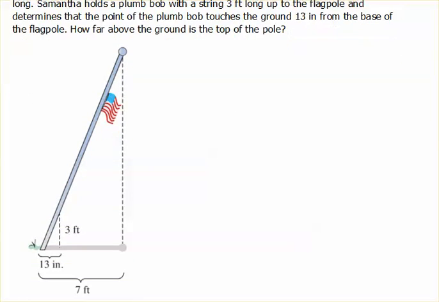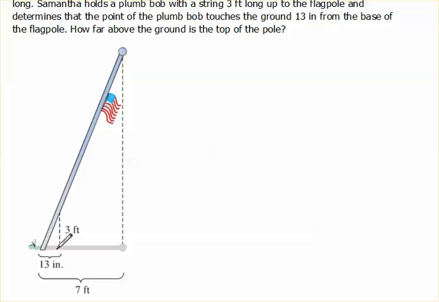So luckily they've given us a drawing here. So she's put her plumb bob here, that's 3 feet long, and she determined that was 13 inches out from the base of the pole. She wants to know how tall the pole is, or how far above the ground is the top of the pole. So she wants to know this side, but she knows that the entire length of the shadow is 7 feet.